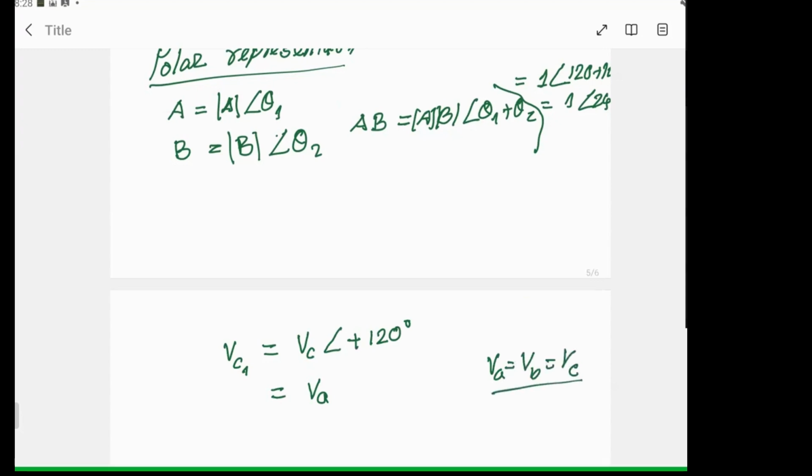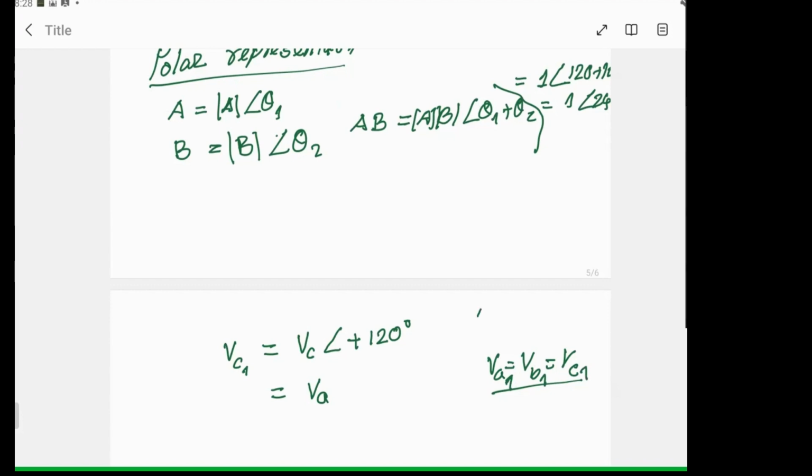Why can I write this? Because they are equal, because it is a balanced system, because we have decomposed into three balanced systems. So this is VA1, VB1, and VC1.